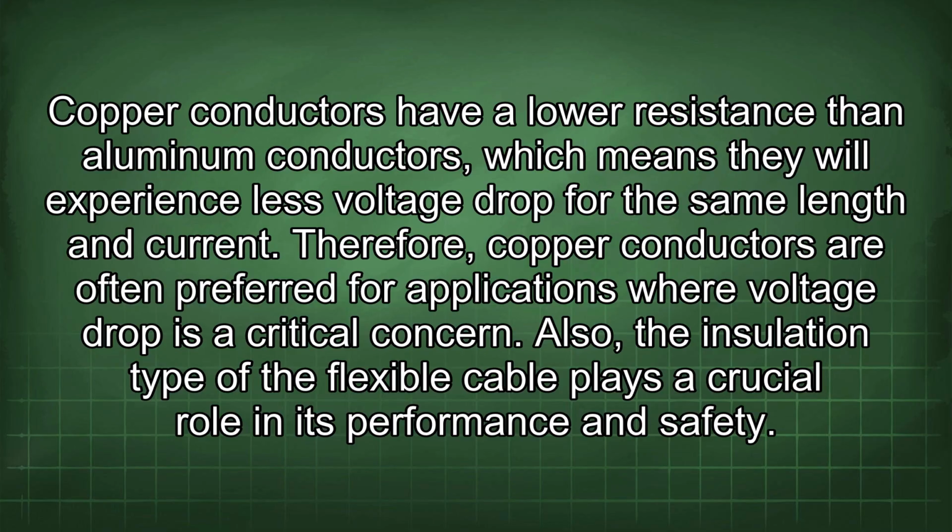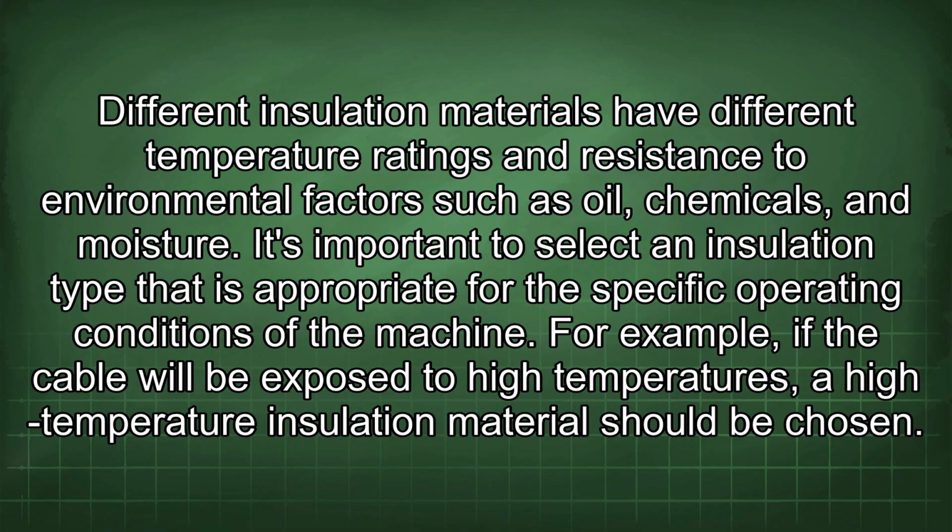Also, the insulation type of the flexible cable plays a crucial role in its performance and safety. Different insulation materials have different temperature ratings and resistance to environmental factors such as oil, chemicals, and moisture. It's important to select an insulation type that is appropriate for the specific operating conditions of the machine.